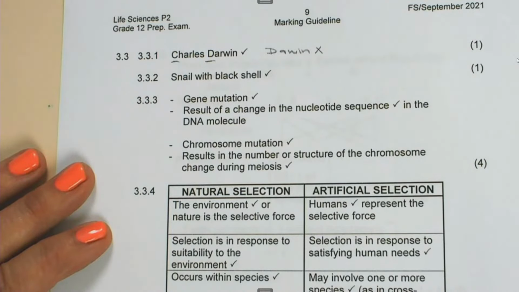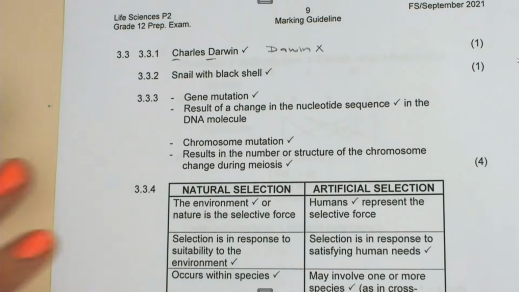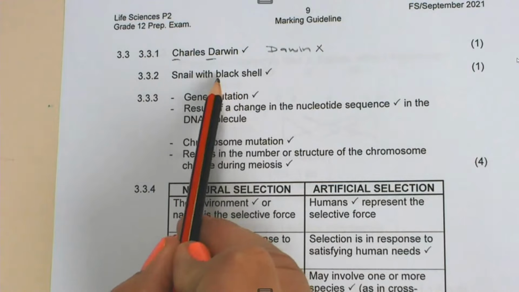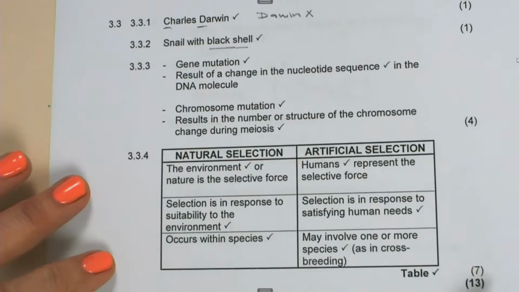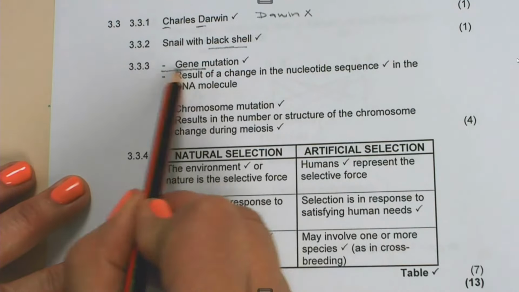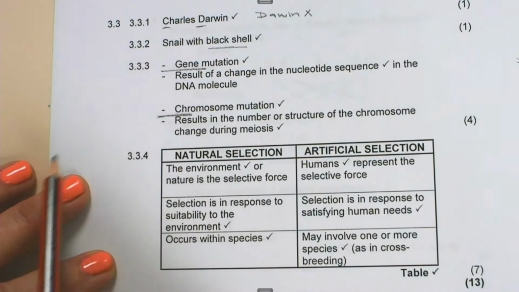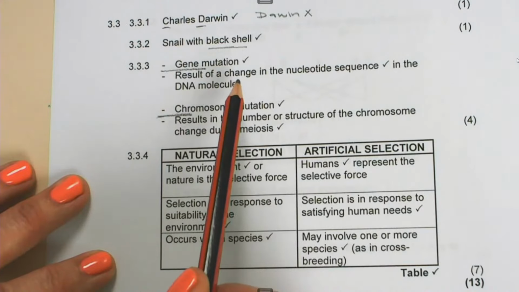State the favorable characteristic for the snail population to survive: those with black shells have the favorable characteristic. And then the next one is describe 2 different types of mutation that may cause variation in a population. The 2 types of mutation are first of all a gene mutation and a chromosome mutation, and then describe them.